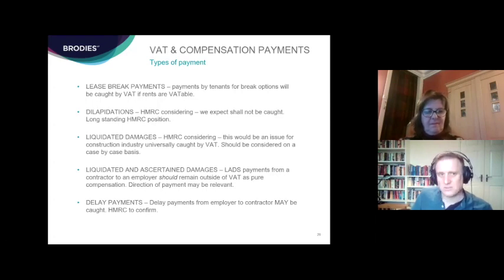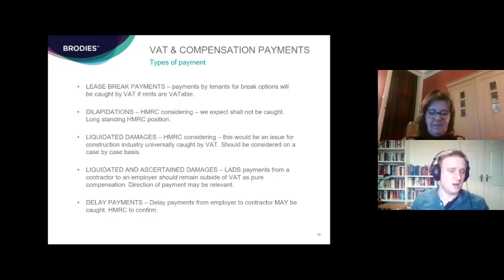It's hard to see that they are making an independent supply by receiving this payment. And the supplies under the contracts to which these payments relate are supplies from the contractor to the employer. It's a payment from the contractor to the employer. So that payment almost seems to us to be going in the wrong direction for VAT to apply on the basis of the contract itself.